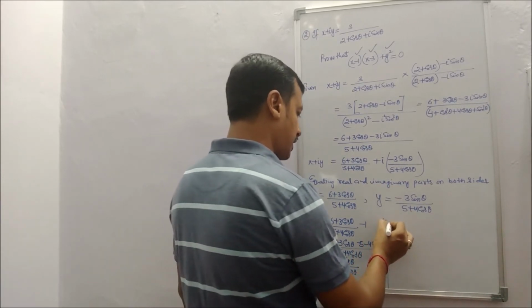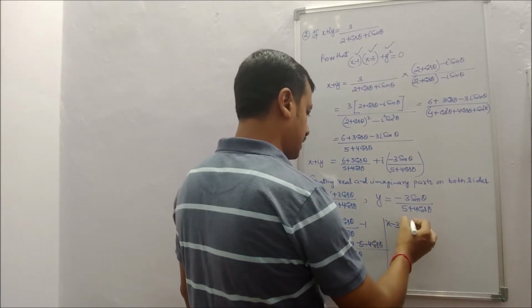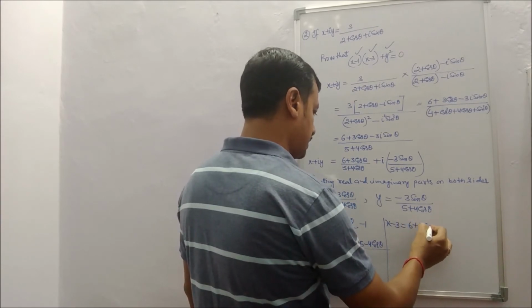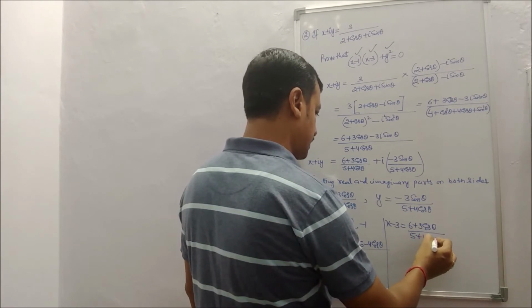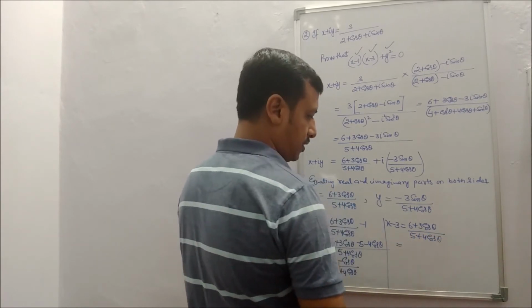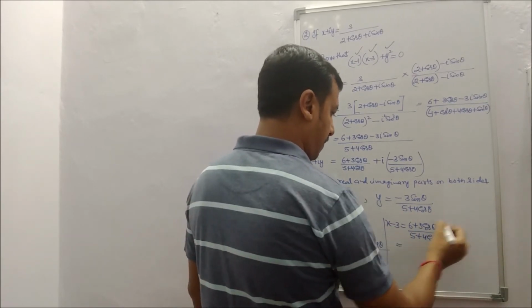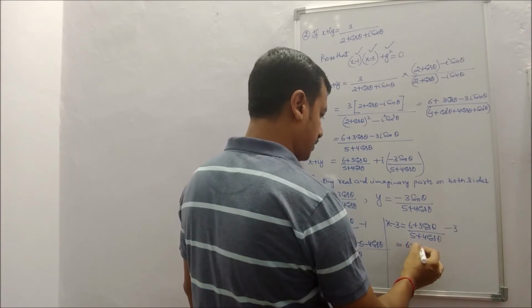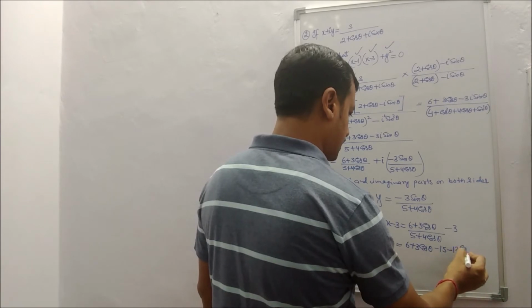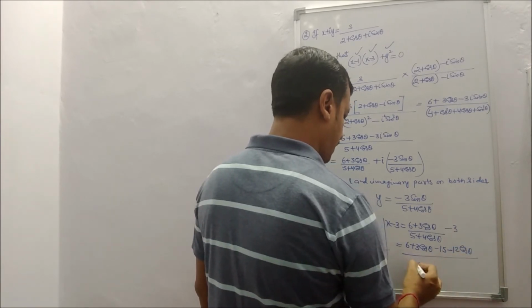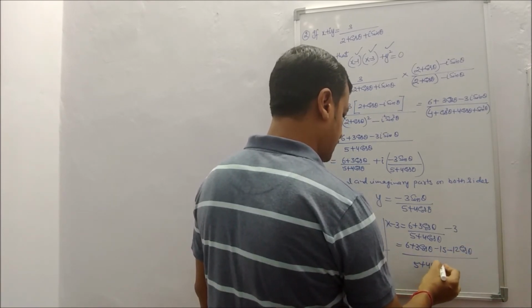x minus 3, so it is (6 plus 3 cos theta) divided by (5 plus 4 cos theta) minus 3, so it is 6 plus 3 cos theta minus 15 minus 12 cos theta divided by 5 plus 4 cos theta.